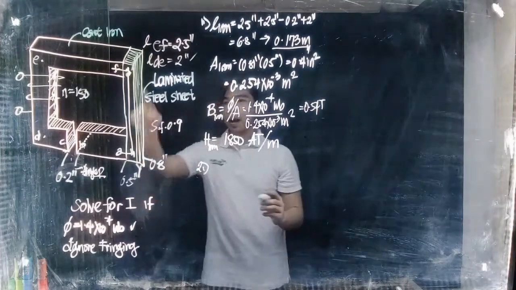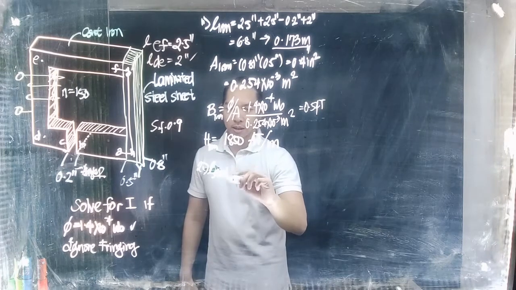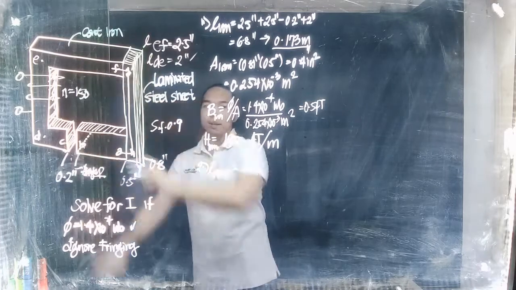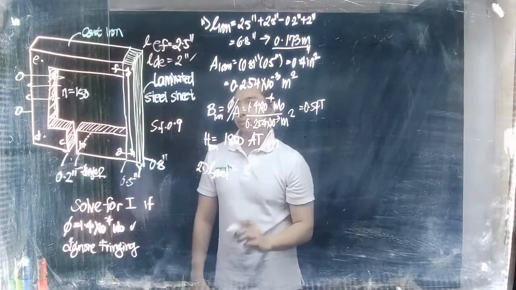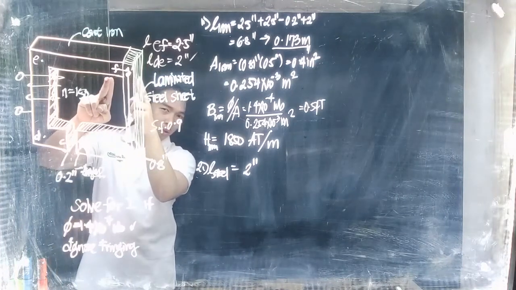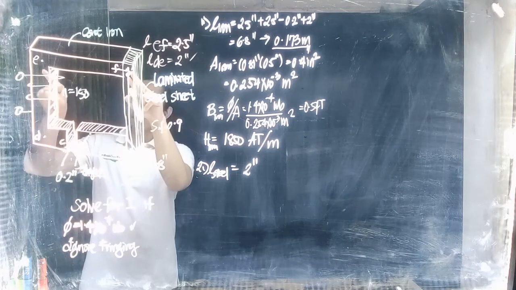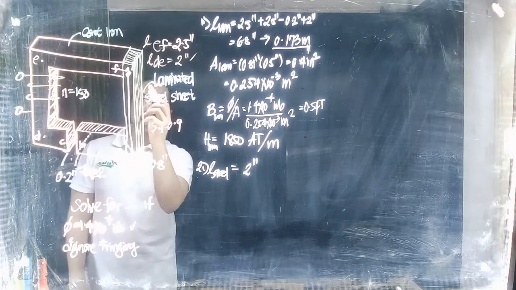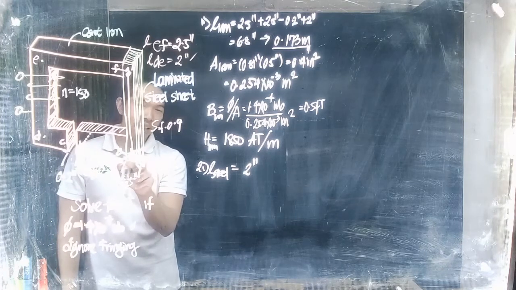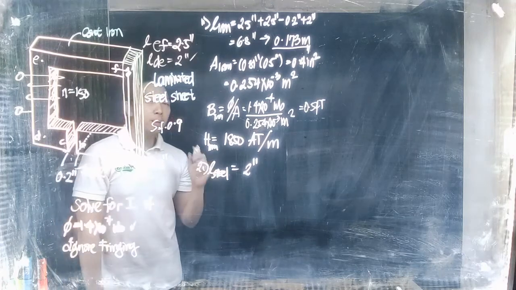For the laminated steel, let's first find the length of the steel channel. We know that GH is also equal to ED, which is equal to 2 inches. Then consider the connection of these two, FG and EH. I said the dot is at the center, so this channel has half of 0.5, and half of 0.5 is 0.25.